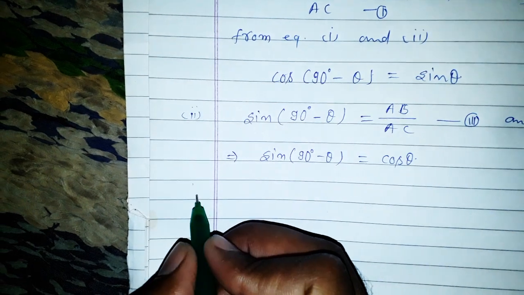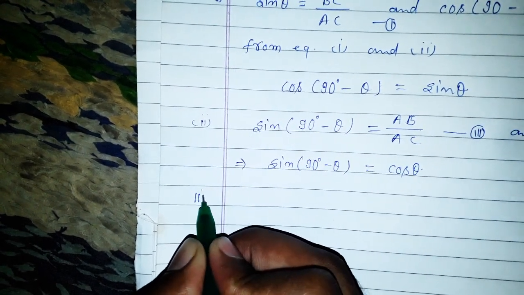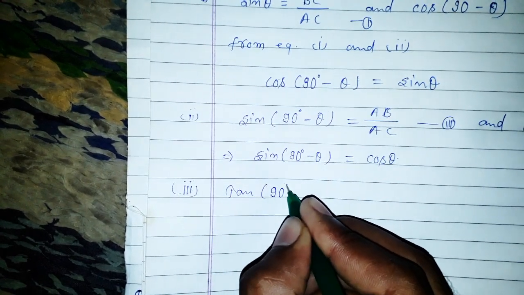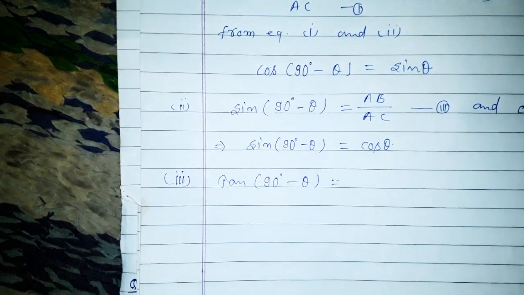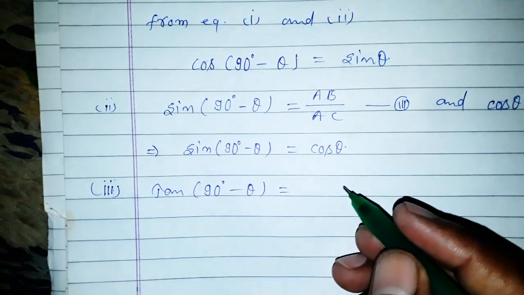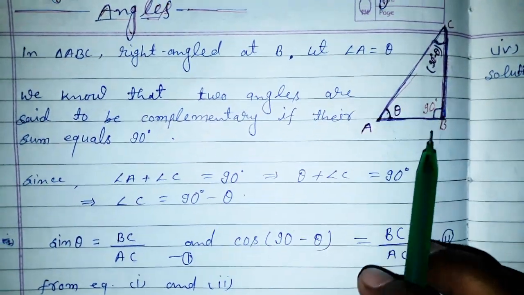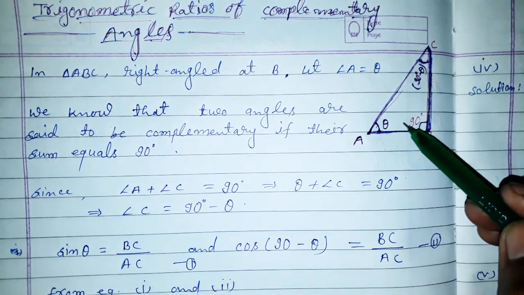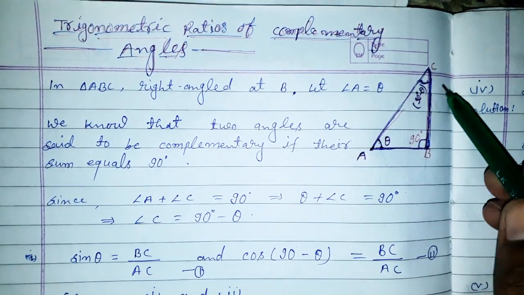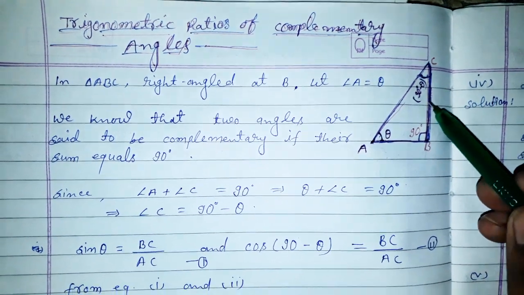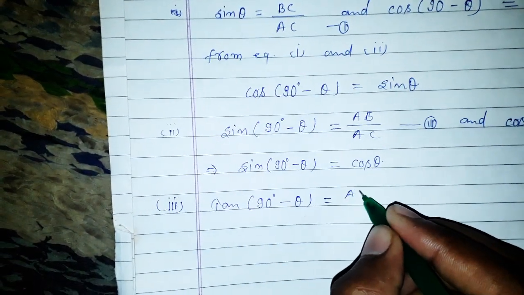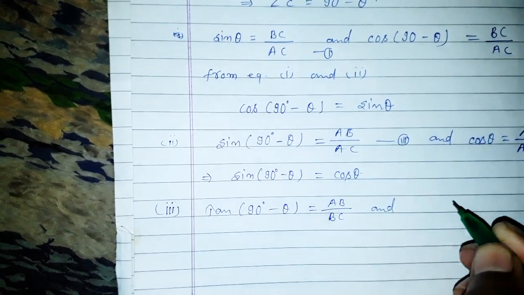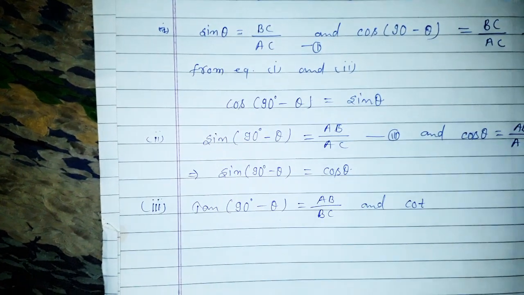Again, third: tan 90 minus theta is equal to, what is tan? Tan is the opposite side to angle C, 90 minus theta, upon the adjacent side to angle 90 minus theta. So here AB upon BC, and this is cot.